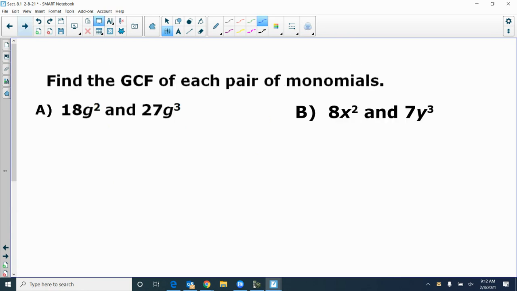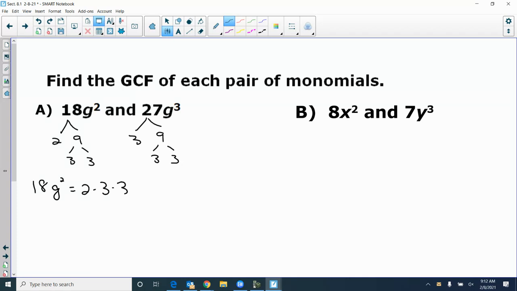In this case, you've got 18g squared and 27g cubed. Let's do this together. The factor tree for 18 is 2 and 9, and 9 is 3 and 3. For 27, it's 3 and 9, and then 9 is 3 and 3. So for 18g squared, I have a 2, a 3, a 3, and then 2 g's.